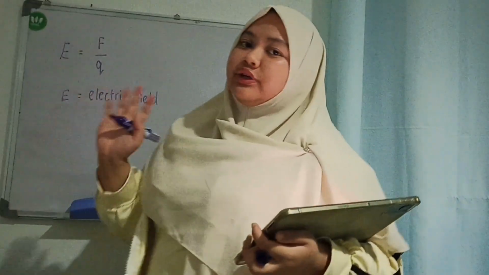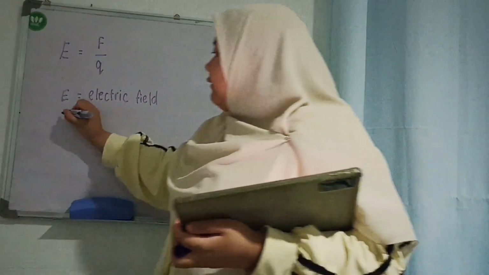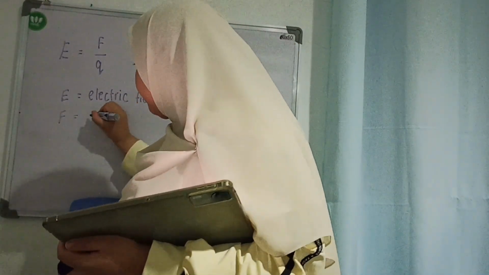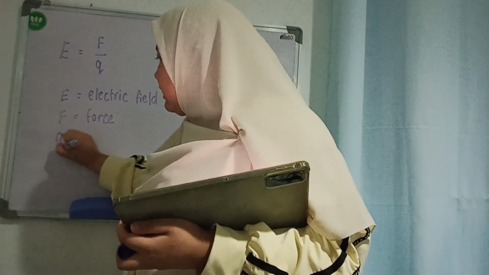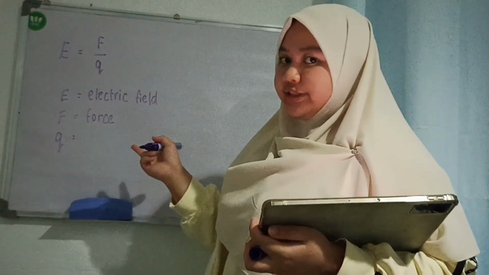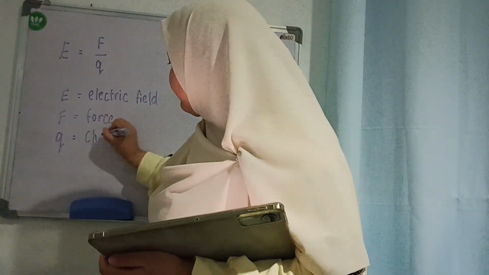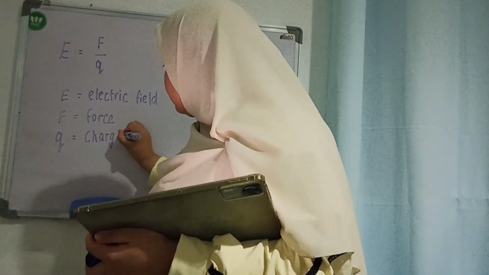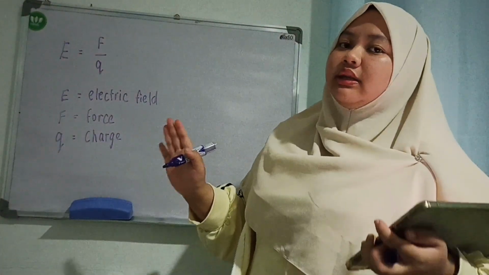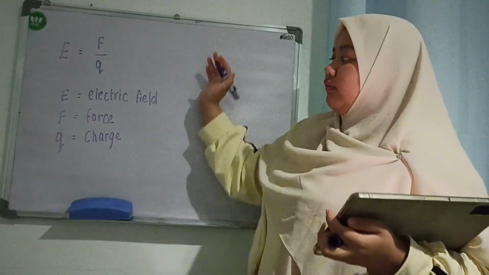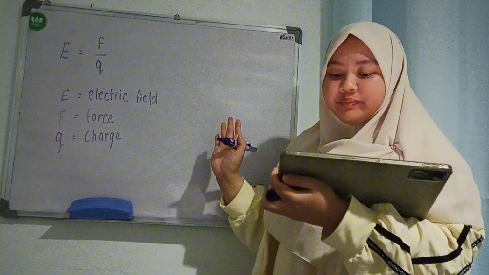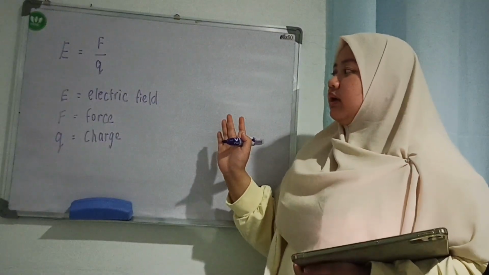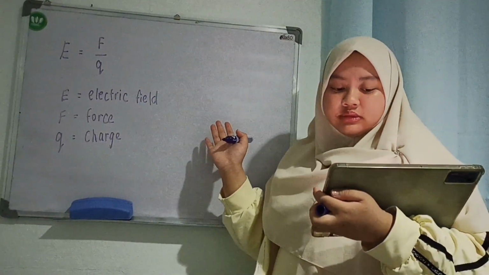Which is what we are trying to find. F is the force. And then finally, Q is the charge. So we have to remember that E is equal to F over Q, where F is the force and Q is the charge. That's how we're going to find electric field.